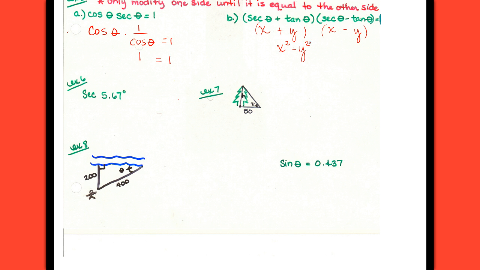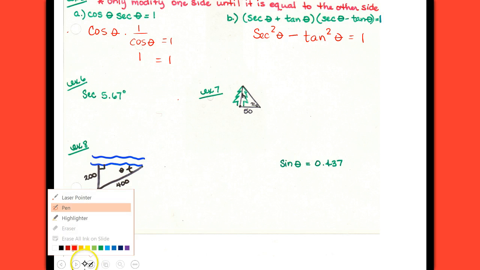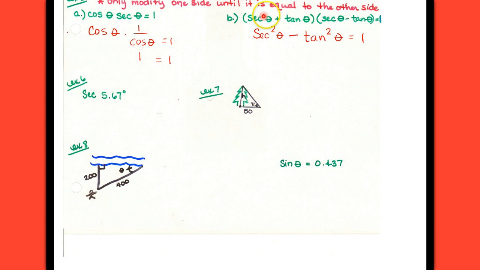So if I go back and I apply that same idea to our original problem, I'm going to FOIL this out. It's going to be a difference of squares. I'm going to end up getting the first term squared minus the last term squared. So if I FOIL that out, I'm going to have secant times secant is secant squared. Secant times negative tangent and secant times positive tangent drop each other out.